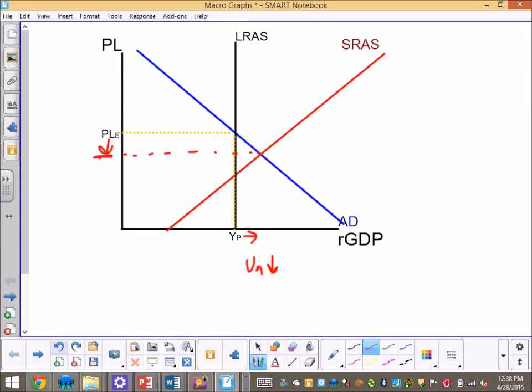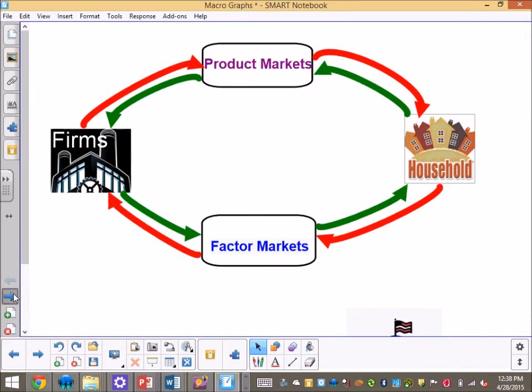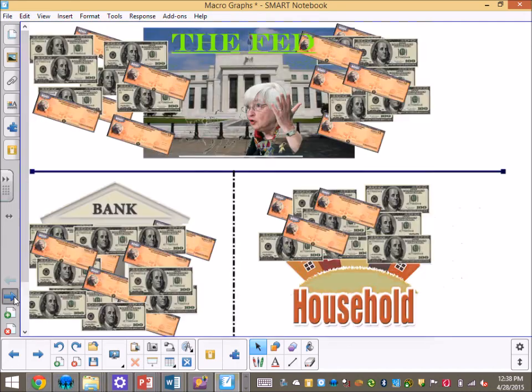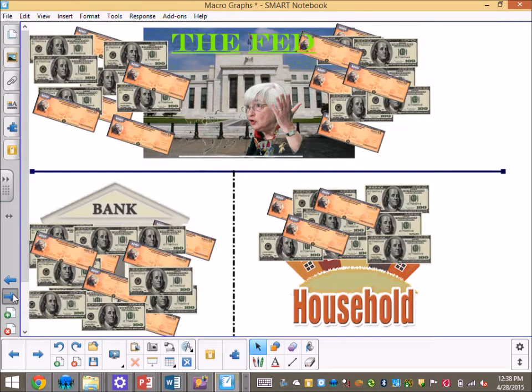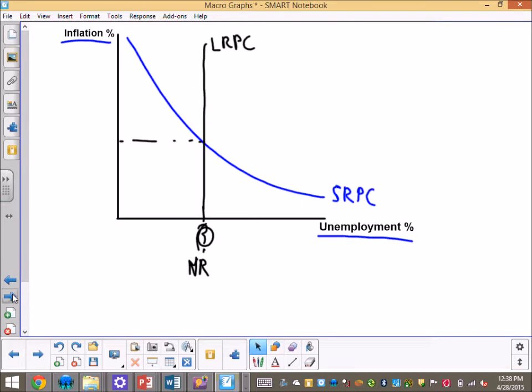So, lower inflation and lower unemployment. But now let's skip back to our Phillips curve, as I realize I should probably put these closer together in the future. Okay. If I look at my Phillips curve here, what did unemployment do with our supply shock?